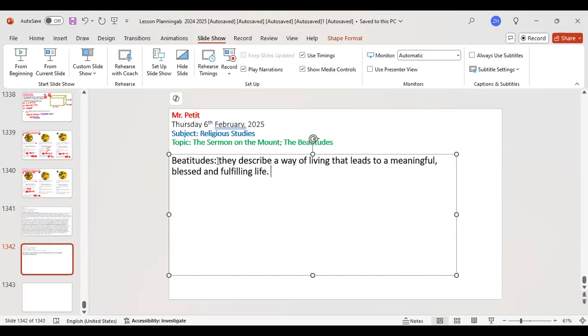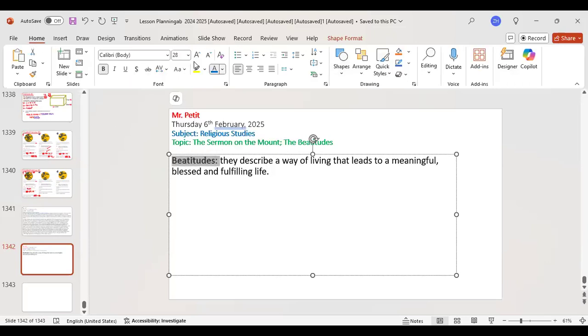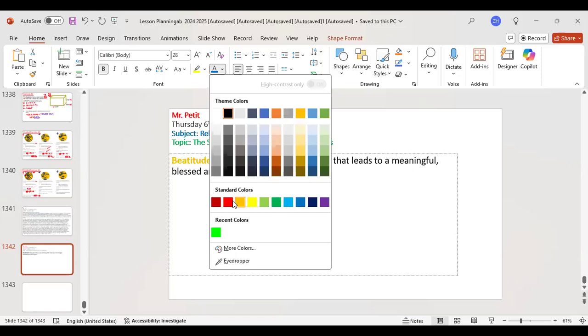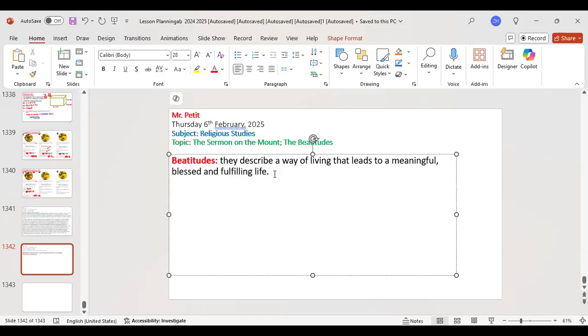That's what the Beatitudes do. They are a set of teachings that Jesus gave during his epic Sermon on the Mount, describing a way of living that leads to a meaningful, blessed, and fulfilling life.